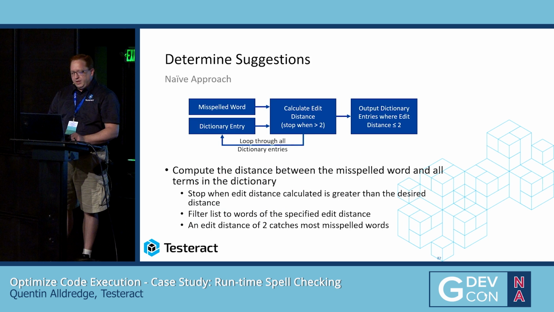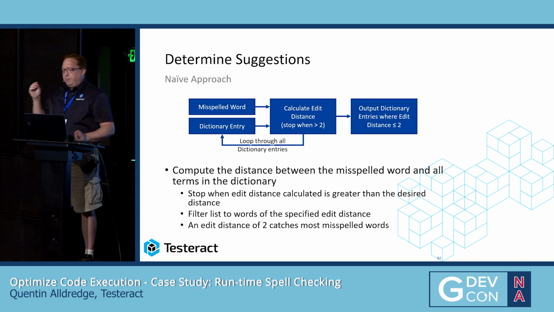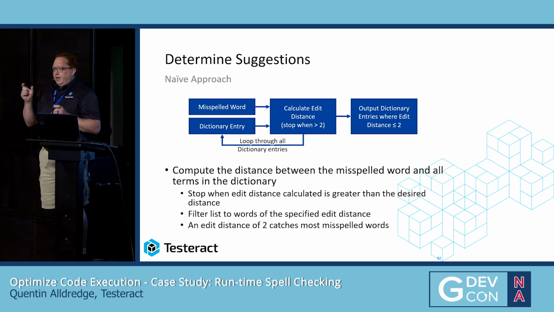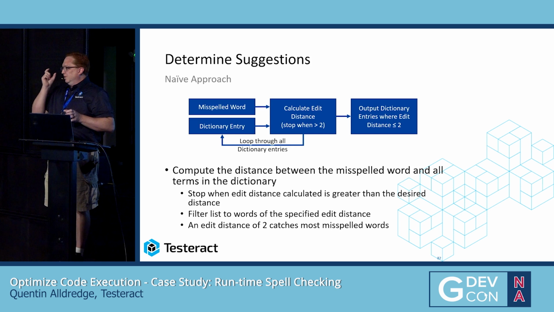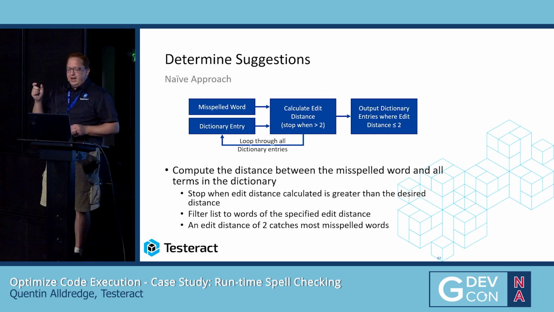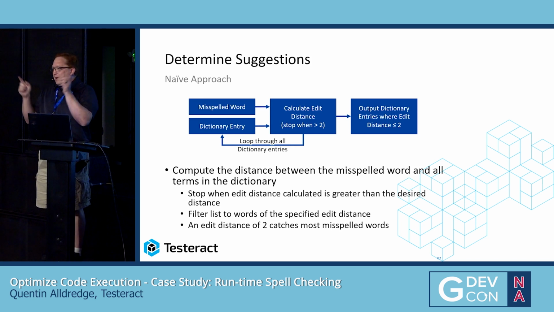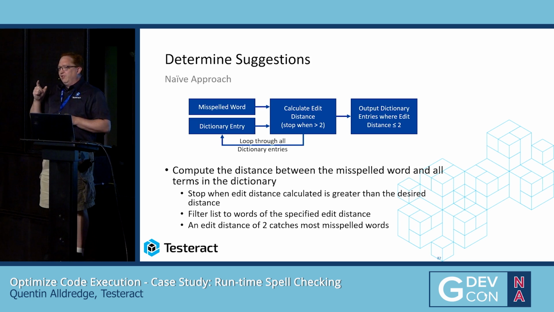The naive approach to compare your misspelled word to the dictionary words to find a possible substitution is to loop through and compare them all, do all of those calculations, and find out which have a distance of 2 or less.